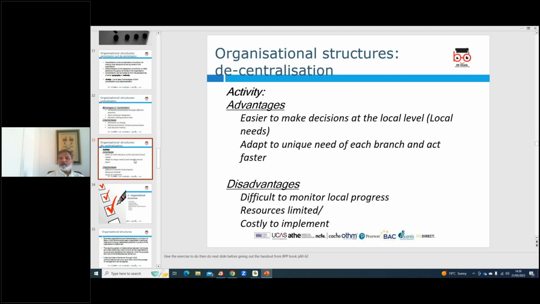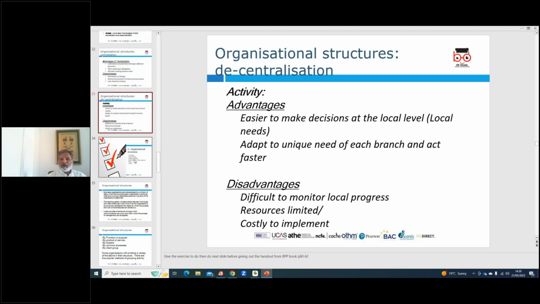Decentralized means local decisions, local level, local needs, local circumstances, and it's faster, it's quicker, because it serves the needs of local people. The difficulty is that resources may be limited and costly to implement, because you need a lot of people, a lot of resources to decentralize staff.